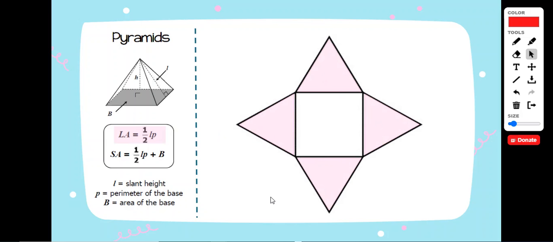The difference, of course, between a pyramid and a prism is that a pyramid has a singular base. So this would make up all of the lateral area, and then instead of 2 times the area of the base, we only have 1 time the area of the base, just one base, because there is only one base in a pyramid. Okay, you'll also notice that we have slant height as a measurement now.